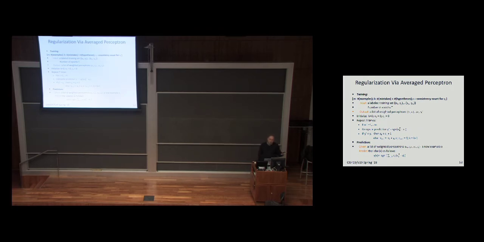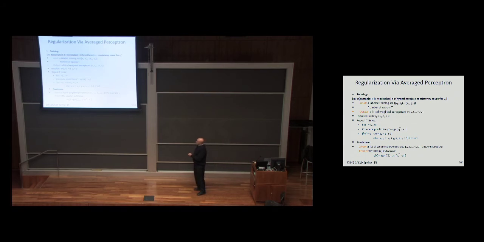At the end, what you'll get is a bunch of linear vectors, the hypotheses, each one with a count of how many examples it survived. Again, a measure of how good it is, or an estimate of how good it is. And the way you're going to make your decision is this way.